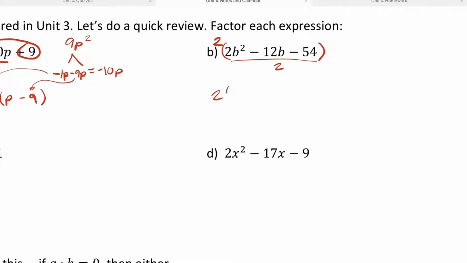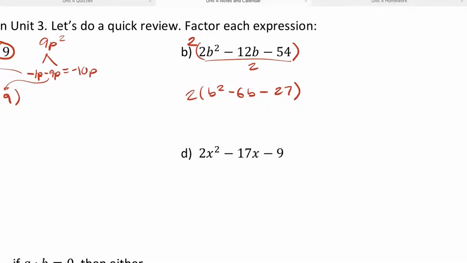For B, we figured out that we can factor out a 2. That would give us 2 times b squared minus 6b minus 27. Then we do the same thing as we did in example A. So negative 27b squared. We need to find two things that multiply to give us that and add to give us a negative 6b.